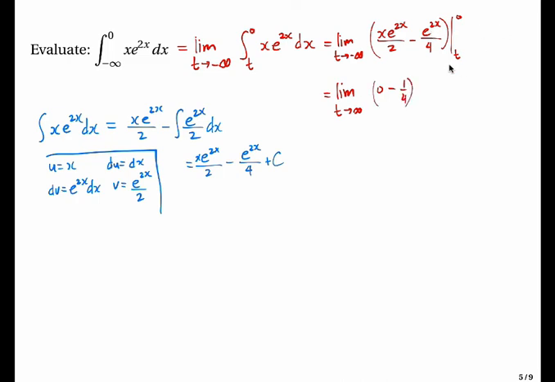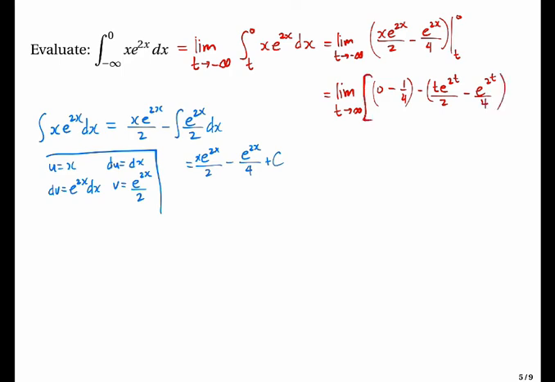And then at t, we have minus t e to the 2t divided by 2 minus e to the 2t divided by 4.